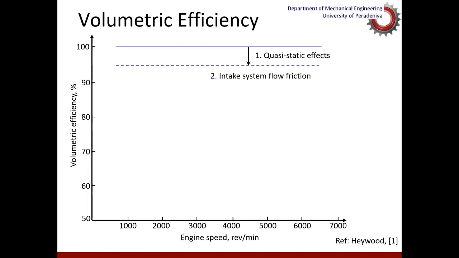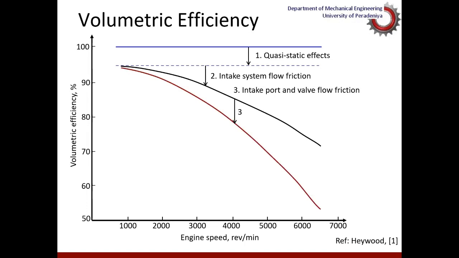Then the intake system flow friction comes into play as a dynamic effect, and that also drops the volumetric efficiency, especially at high speed conditions. And then the flow should pass through small orifices like valves, and there is a resistance to flow at those points, which further pushes the volumetric efficiency down, particularly at high speeds and less at low speeds.